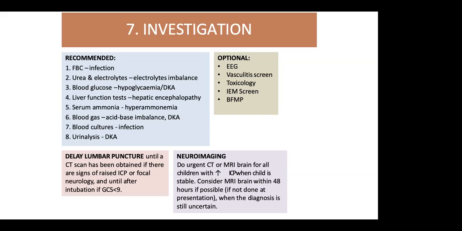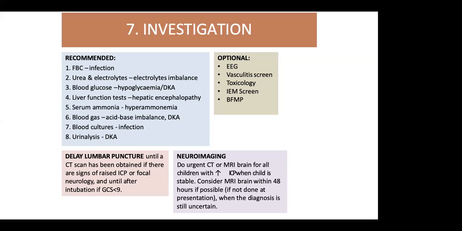The fifth one is serum ammonia in case of hyperammonemia. Six is blood gas to check for any acid-base imbalance, and it can also be abnormal in DKA. The seventh one is blood culture in case of infection to find the positive microorganism, and then we also need to do urinalysis, to find urine ketones in case of DKA.